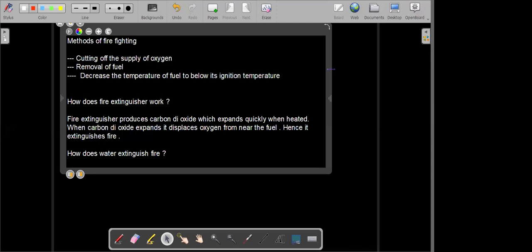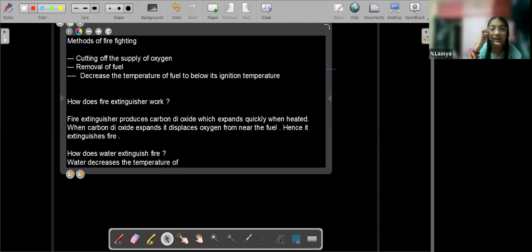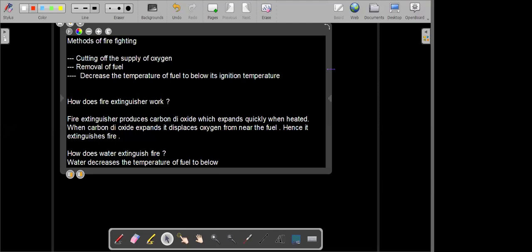So water decreases the temperature of the fuel. It will cool the fuel, so its temperature will be low and hence it cannot burn.